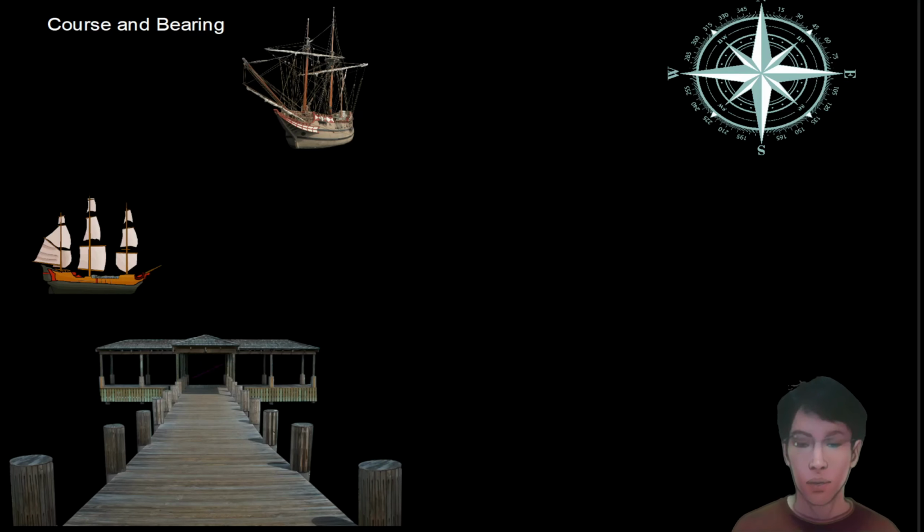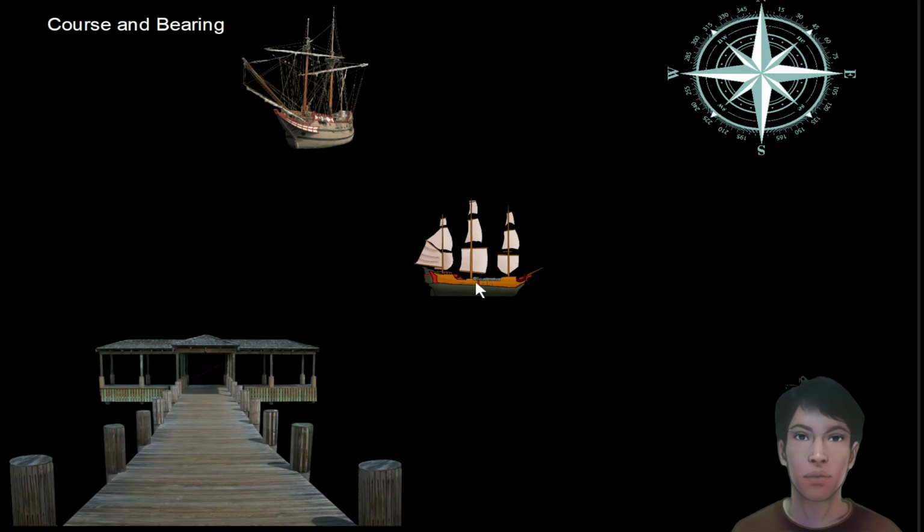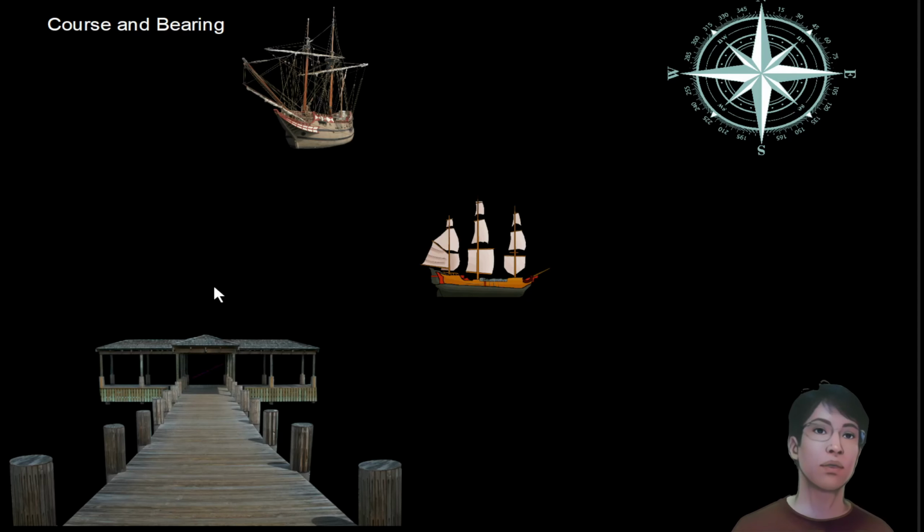So in this case, let's say that this ship is traveling east, like this, east, okay? It's traveling east. Then the course of this ship is simply east.